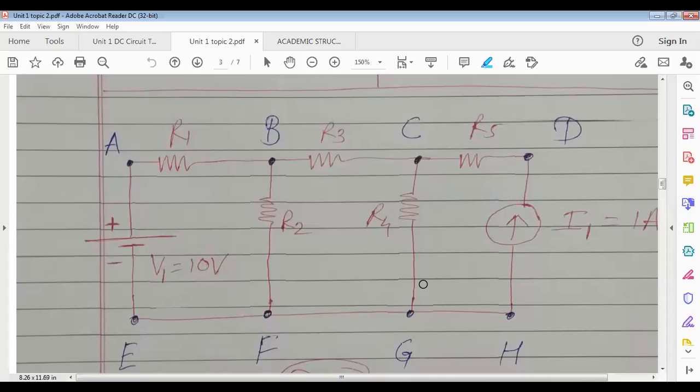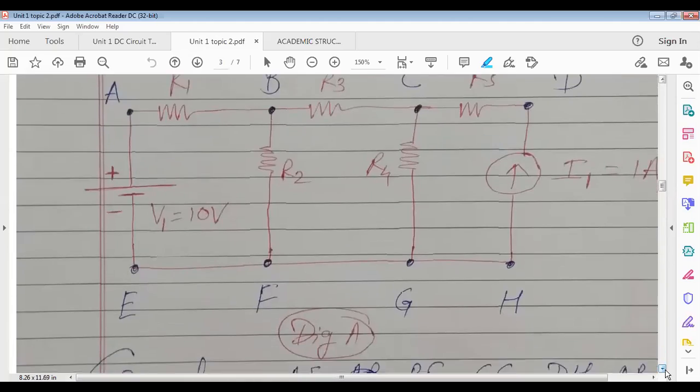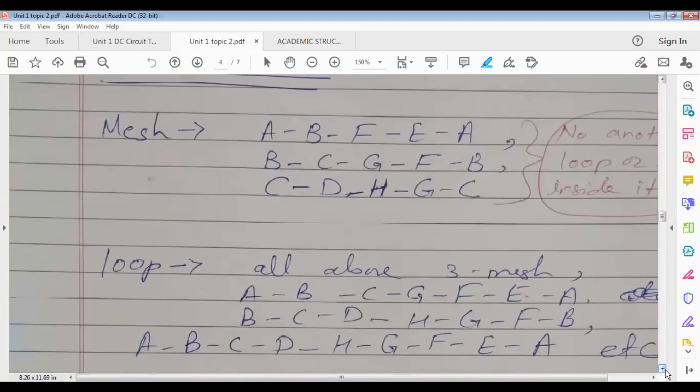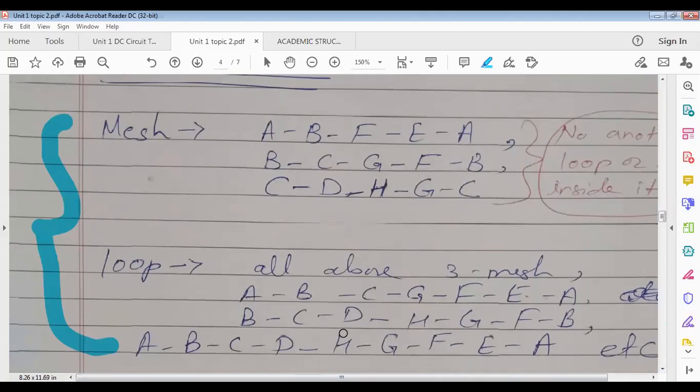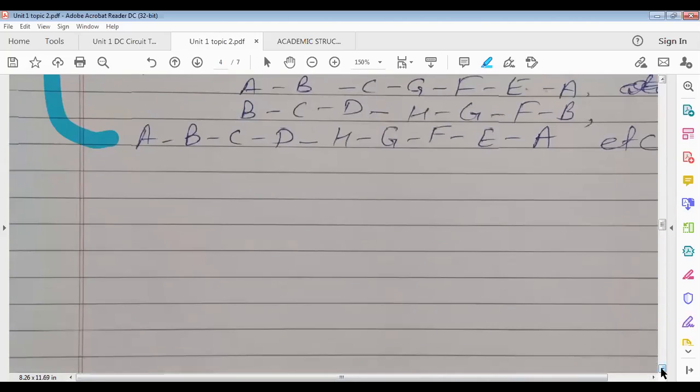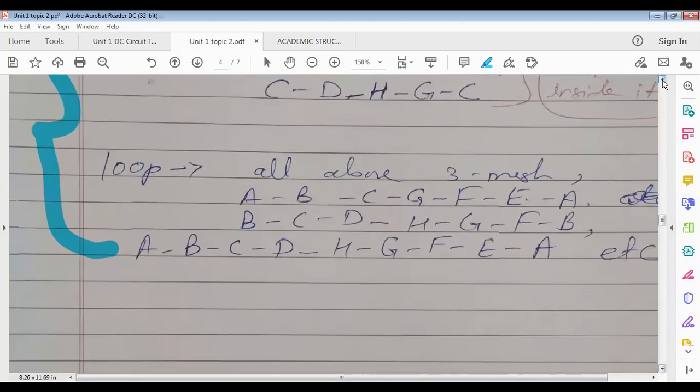Now onwards we will not use the terminology mesh, only loop. Is it clear to all of you? See here I have written what is loop, what is mesh. These notes I will post. Go through them again, and if you still have any doubt you can ask. What is the difference between loop and mesh?